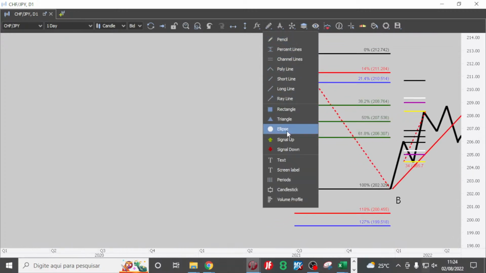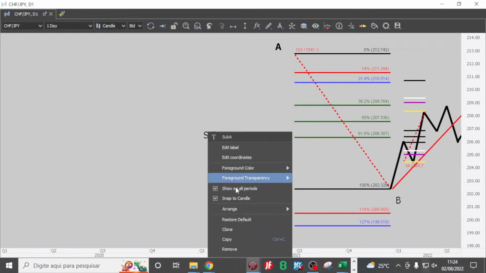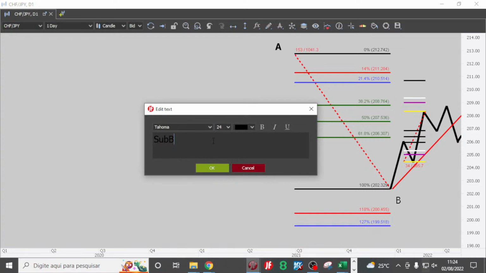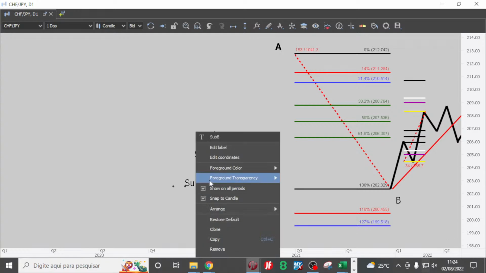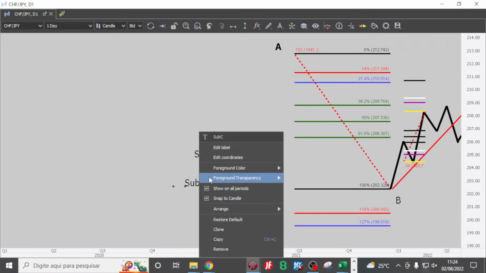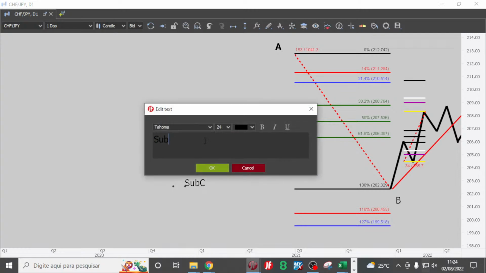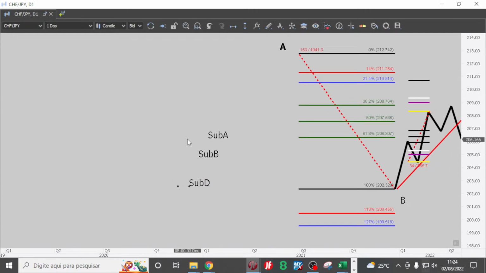And text, sub A, and clone, edit label, sub B, and clone, edit label, sub C, and one more time, sub D. Okay, so this is what we see on the daily chart or 5-hour chart, 4-hour chart, whatever.